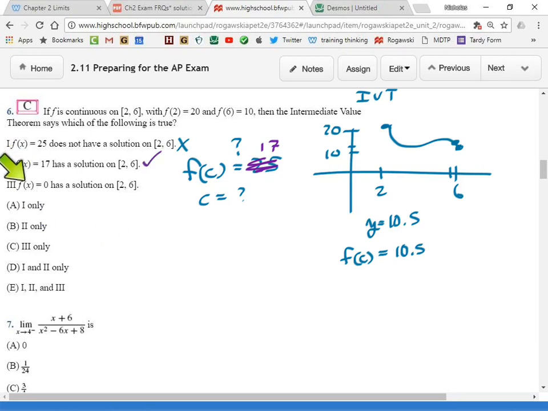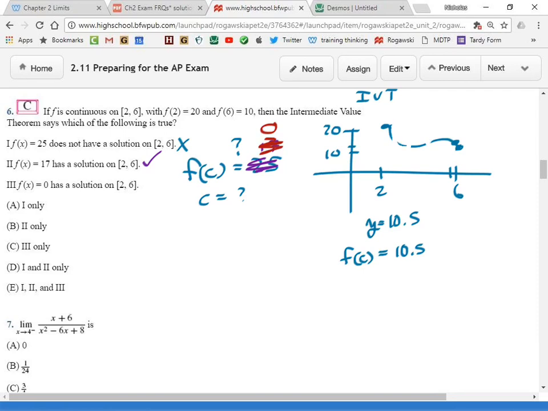Our last one says f of x equals 0 has a solution on from 2 to 6. So is there a c that will give you 0? Nope. We don't know that. Now, could that be true? Sure, it could be true, but we don't know for sure. See, look, I can redraw this function.